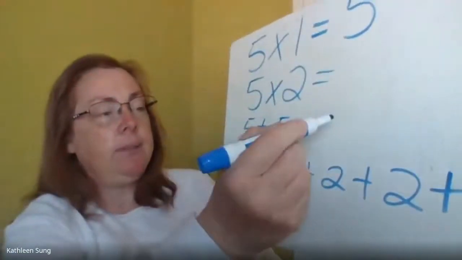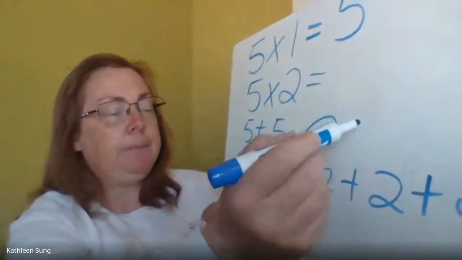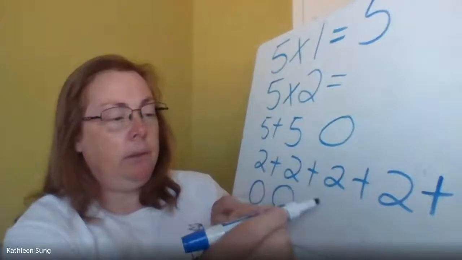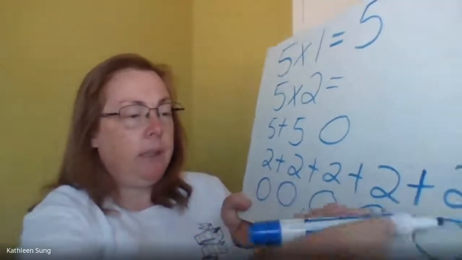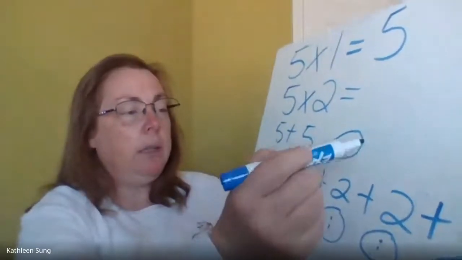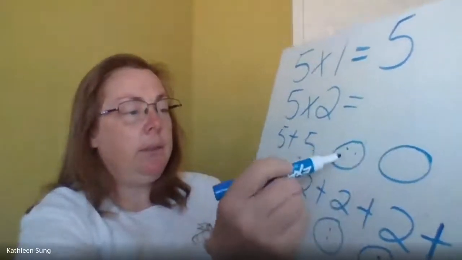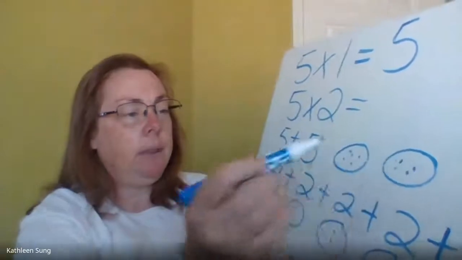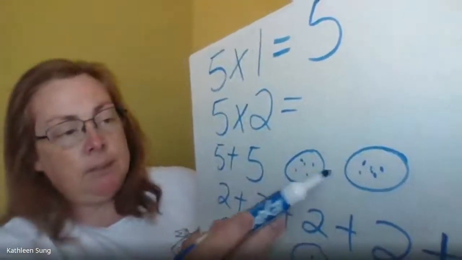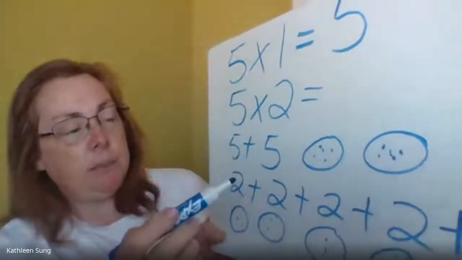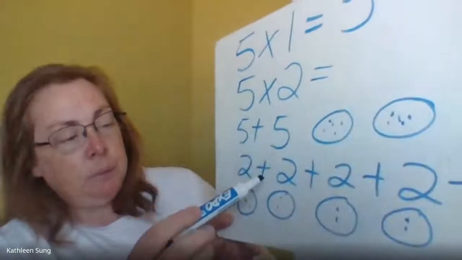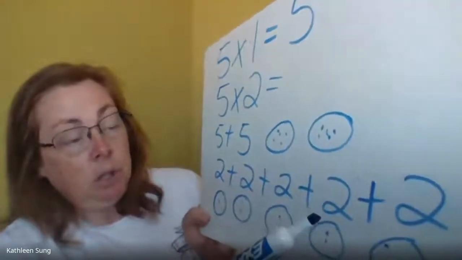Okay, so 5 plus 5 would be 1, 2, 3, 4, 5. 1, 2, 3, 4, 5. So 5 plus 5 is the repeated addition for 5 times 2. The other repeated addition for 5 times 2 is 2 plus 2 plus 2 plus 2 plus 2.